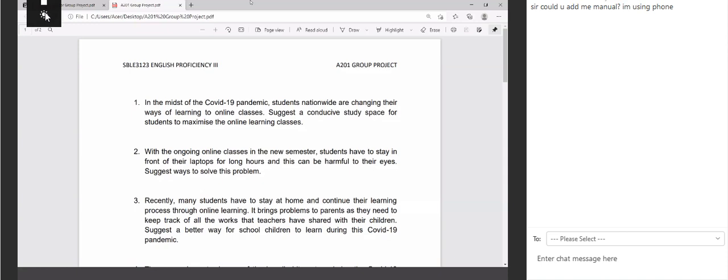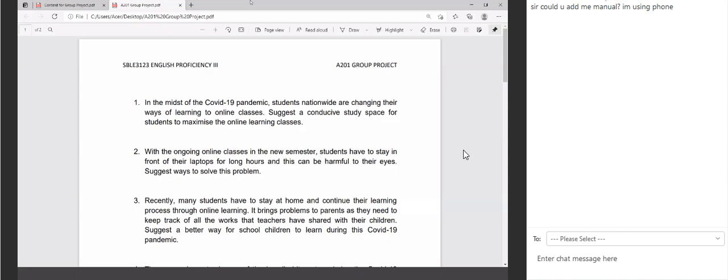They designed a table with a printer and also different sorts of utilities in that study space so that they are comfortable to learn. They drew how the study space would look like.